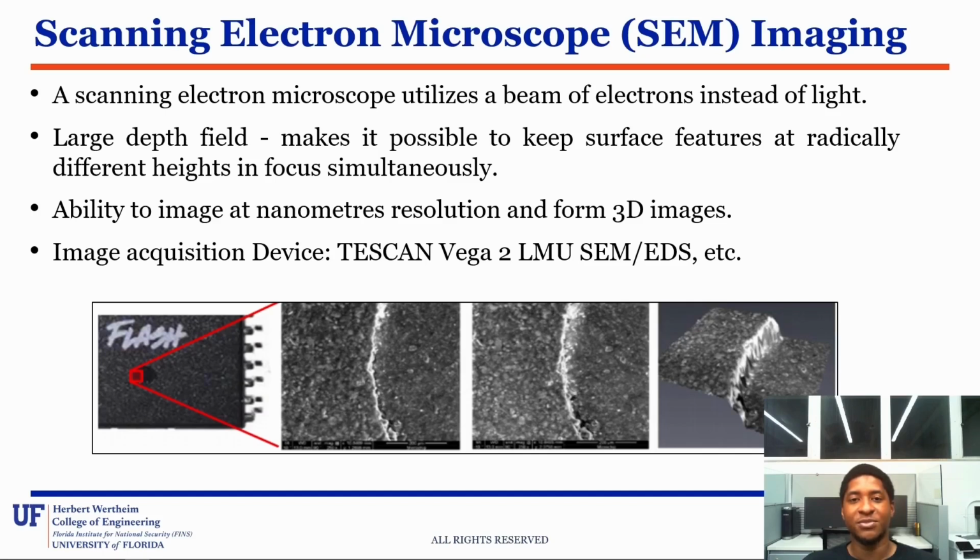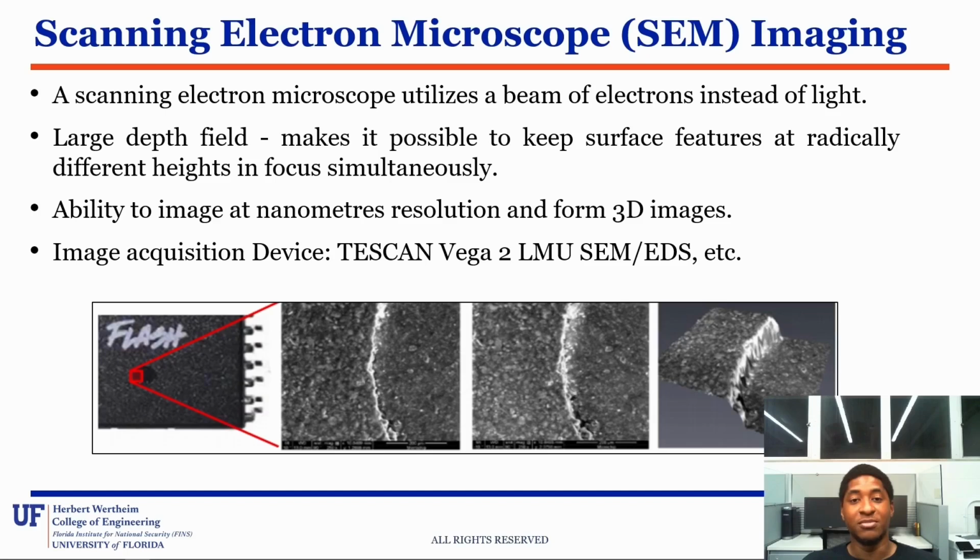The signals that we derive from the interactions between the electrons and the samples reveal information about the sample's texture, its chemical composition, its structure, and even its orientation. The data collected over a selected area of the surface of the sample is a two-dimensional image, which can produce a three-dimensional rendering of the object itself.